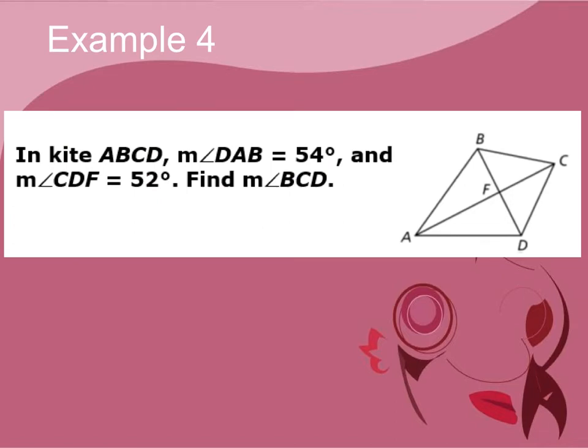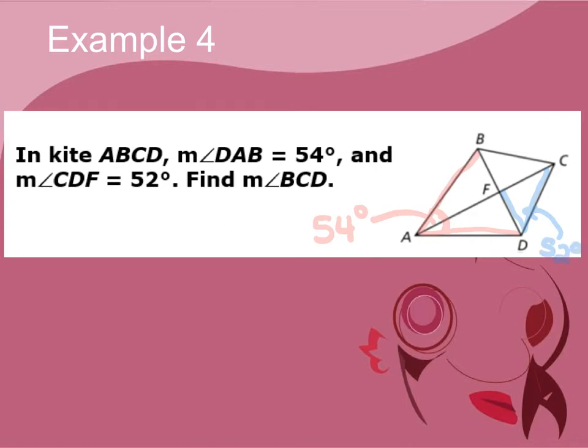Here's example 4. In kite ABCD, it's telling us the measure of DAB. So right here, this whole angle is 54. And they're also telling me that CDF, this little one right here, is 52 degrees.